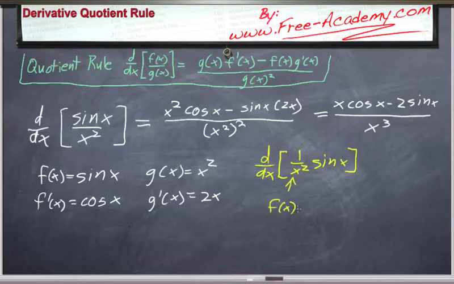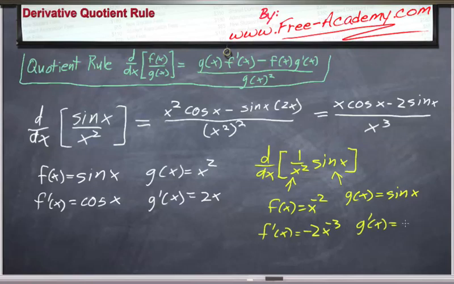Say f of x is equal to x to the negative 2, and g of x is equal to sine of x. We find f prime of x is equal to negative 2 x to the negative third, and g prime of x is equal to the cosine of x.